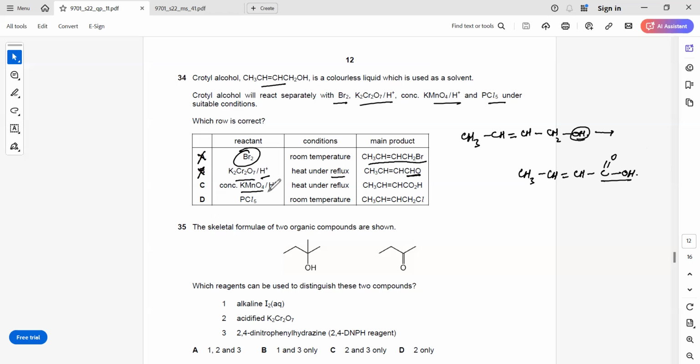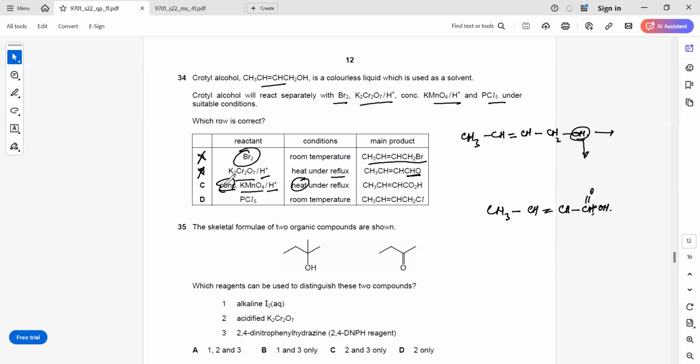And if we treat it with this KMnO4, that will give us carboxylic acid. It is again an oxidizing agent. But remember one thing, when we oxidize this alcohol with KMnO4 and heat it under reflux, it means it's concentrated and hot. So what happens? This OH group will oxidize to carboxylic acid, C double bond O and OH.